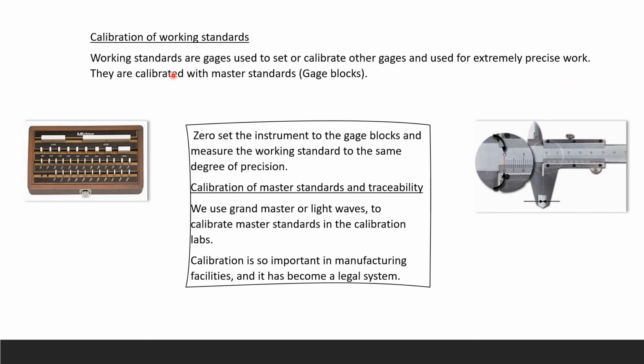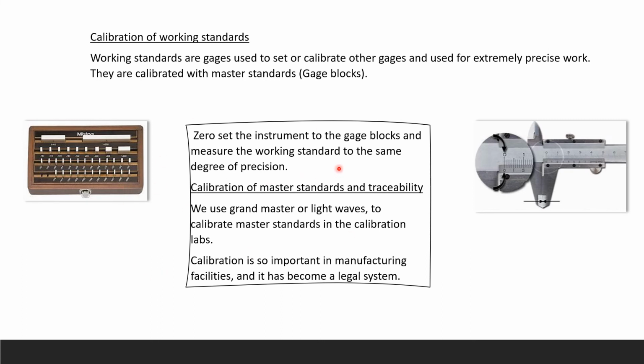Master standards are used to set or calibrate all the gauges, and also used for extremely precise work. They are calibrated with, again, your grand master standard, and your grand master by NIST, and then your international standards. Anyways, zero set the instrument first. Zero set it to the gauge blocks, and measure the working standard to the same degree of precision as that gauge block.